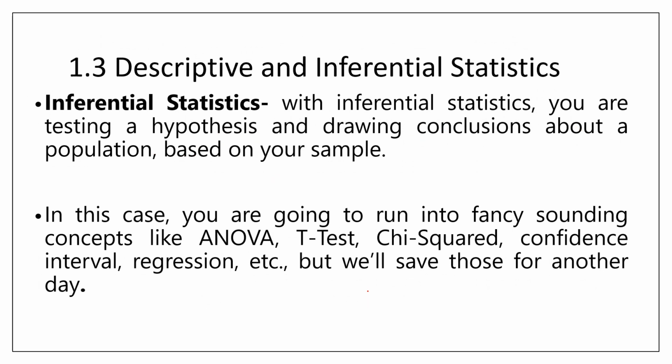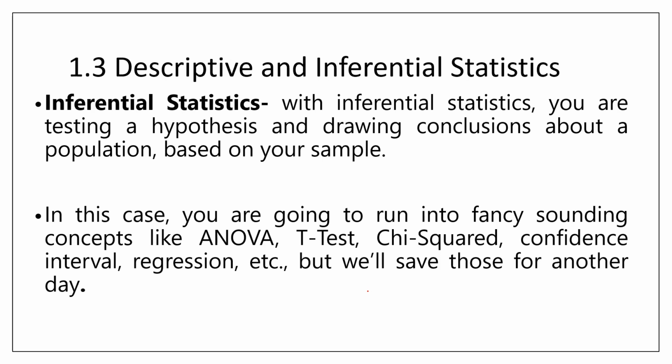The second thing is inferential statistics. With inferential statistics, we are testing hypotheses. We want to give a conclusion about the population based upon the sample. We want to develop the relationship between two variables: is there any relationship between two variables?